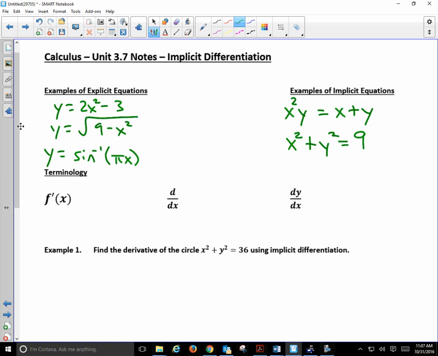Another example of an equation that is not solved for y. Sine of xy equals x minus y squared. Again, an equation that is not solved for y.